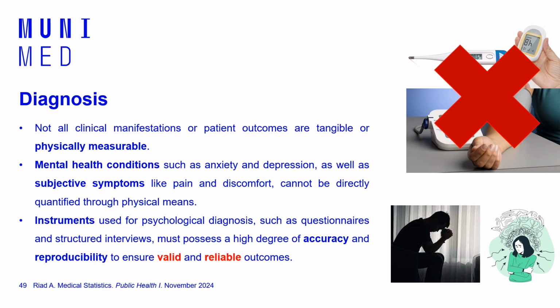So these are all methods that we use, questionnaires or interviews, but these questionnaires or interviews need to be accurate and reproducible, which means that we need to test them before using them.